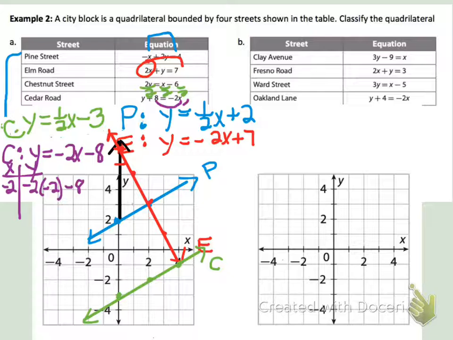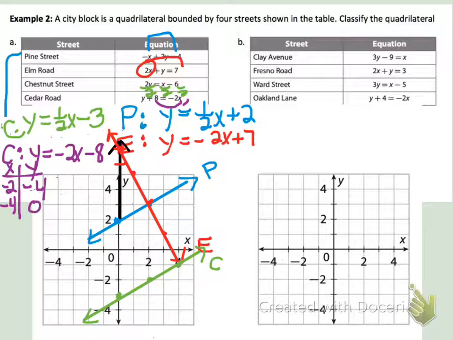So that would be positive 4 minus 8, which is negative 4. So it would be negative 2, negative 4 on this graph. And then let's say I plugged in negative 4. That would be negative 2 times negative 4 minus 8. So that would be positive 8 minus 8, which is 0. So now we'll just put in 0 there.